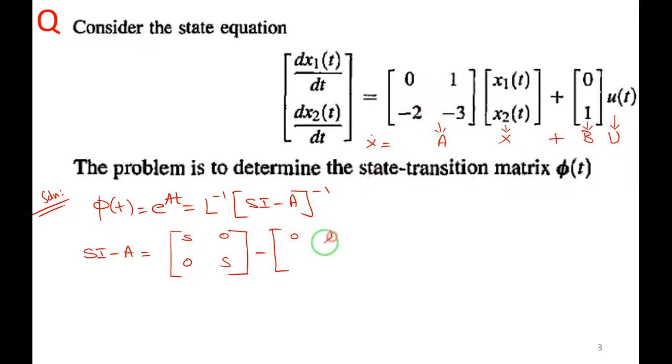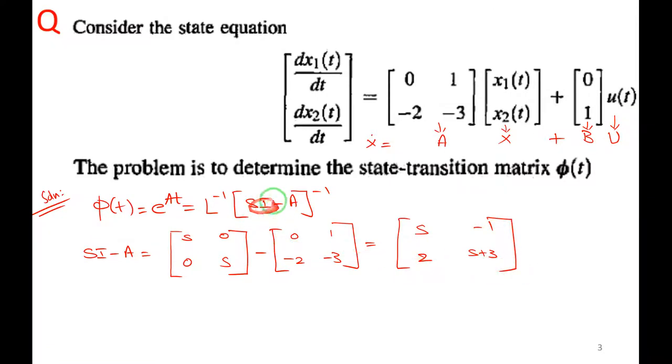For the subtraction: s minus 0 is s, 0 minus 1 is minus 1, 0 minus of minus 2 is plus 2, and s minus of minus 3 means s plus 3. So this is sI minus A, we got it.